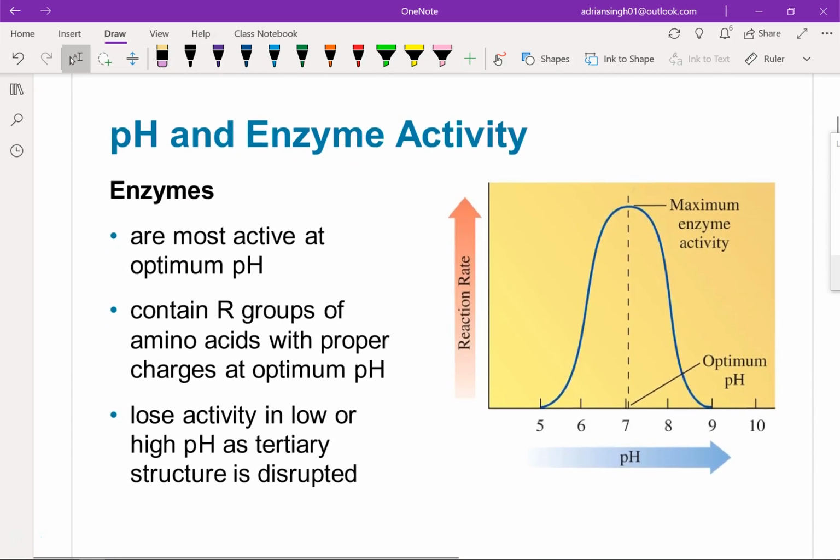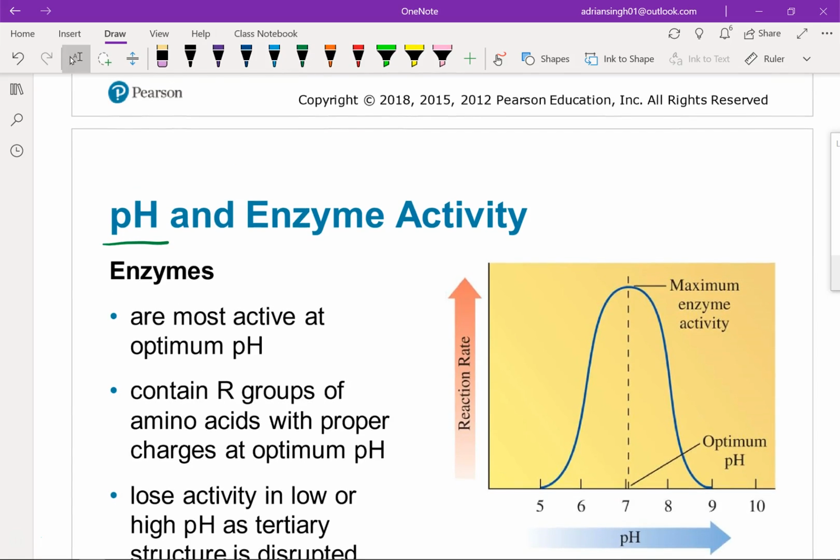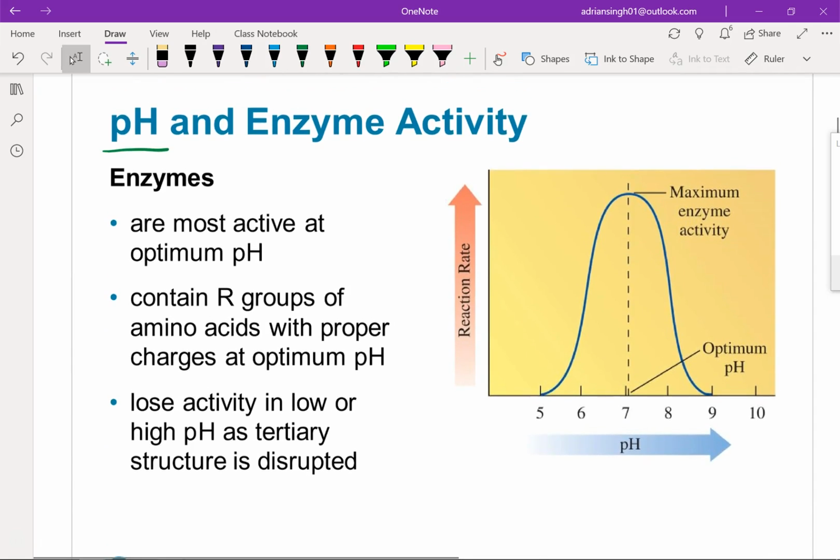All right, so maximum enzyme activity occurs at the optimum temperature. Enzyme activity can also be affected by the pH, or the acid or base level in the environment. Just like with the temperature, enzymes are going to be most active not just at an optimum temperature, but also at an optimum pH. And this optimum pH is not something that is true for all enzymes, even the enzymes that reside in your body.